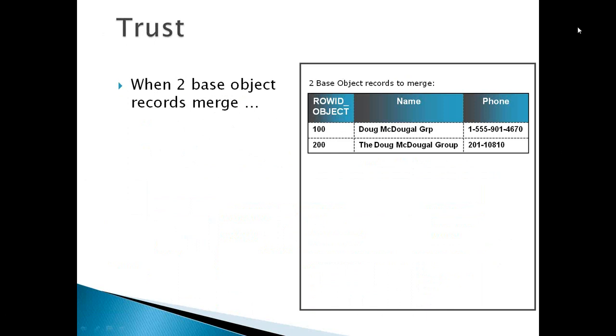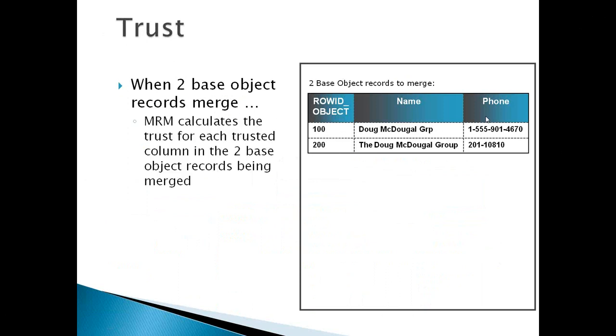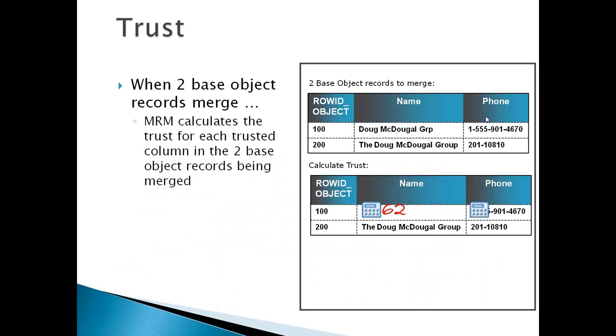So in my base object, I have loaded these two records. They might be from the same source system or from different source systems; both are possibilities here. Now when I ran the match process, MDM identified that both records are duplicates. 100 and 200 are duplicate records and they need to be merged.